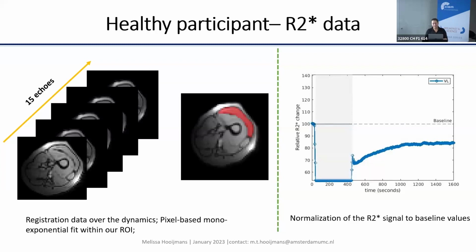And then we mapped the R2 star response relative to the pre-exercise situation, because that worked really well for the arm experiment. But here again, after cycling, it's very difficult to get the leg in the exact same position post-exercise as pre-exercise, and then you end up with a slightly different shim, and then you get an offset in your R2 star signal.